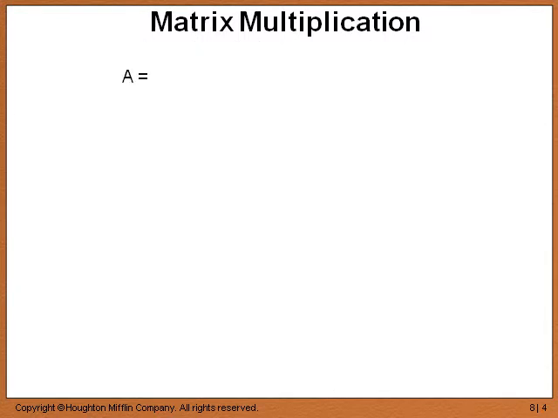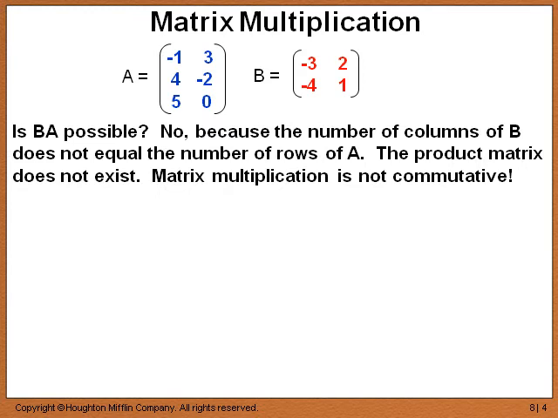Now, we have to ask ourselves another question, though, using the same matrix A and the same matrix B. The question is, is BA possible? Well, it's not, because the number of columns of B does not equal the number of rows of A. In this case, B is going to be my left-hand matrix, and A is my right-hand matrix, simply because it's BA.